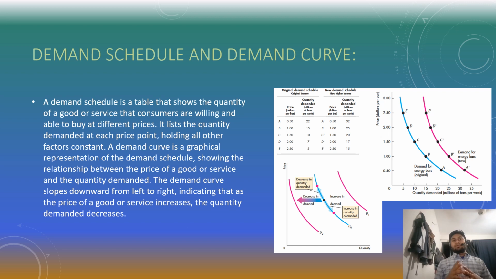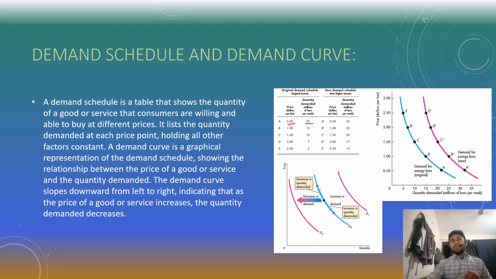On this slide we see a table. This table has two sets of data: the original demand and the new demand. First of all, in the original demand, when the price is 50 cents, then the demand is 22.